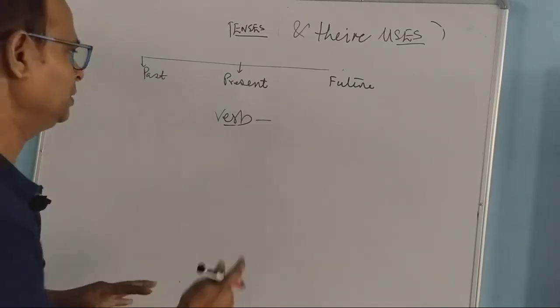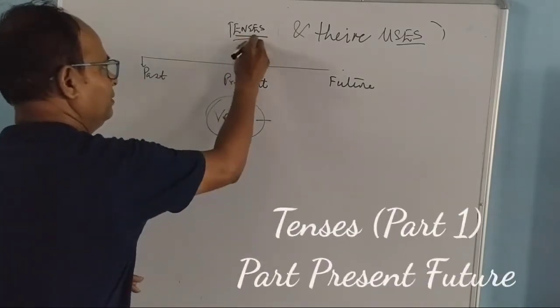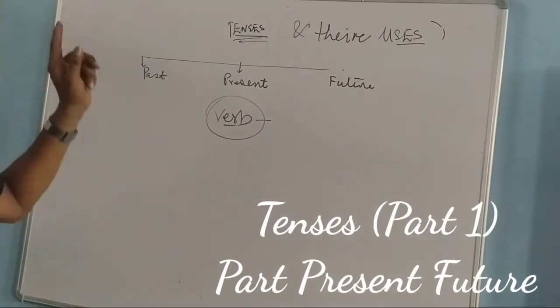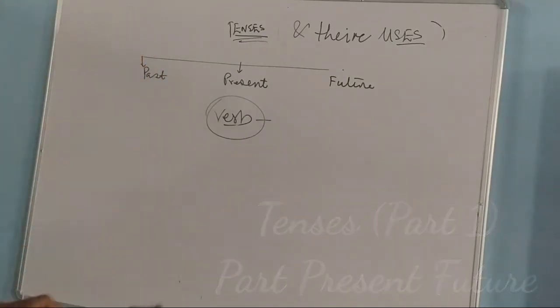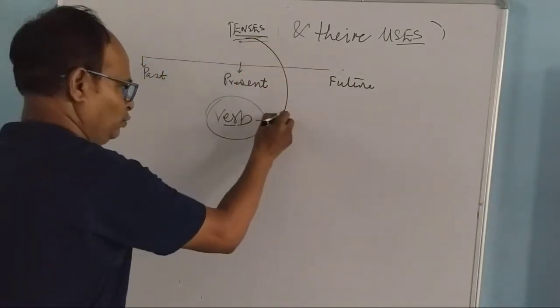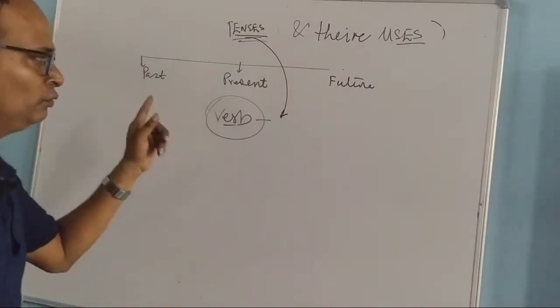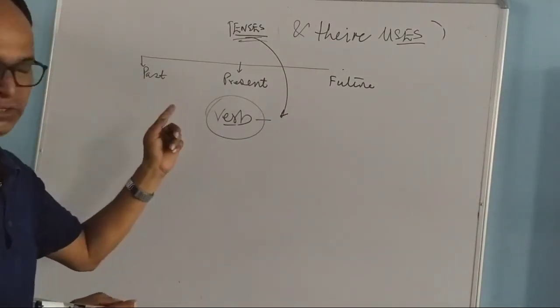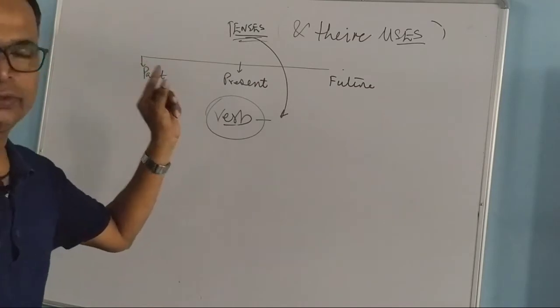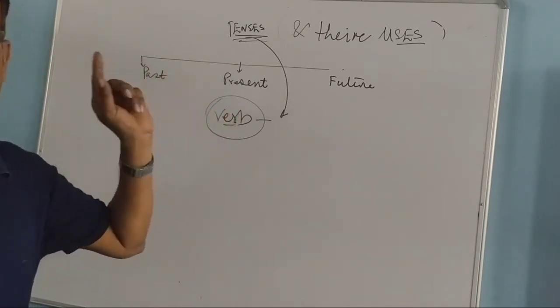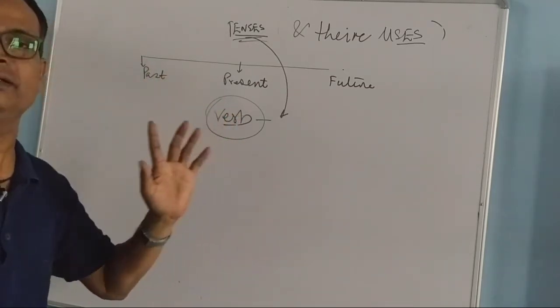We are going to talk about the tenses. My dear children, tenses are related to the verb, which is one of the parts of speech, and they talk about the time when a particular event occurs.